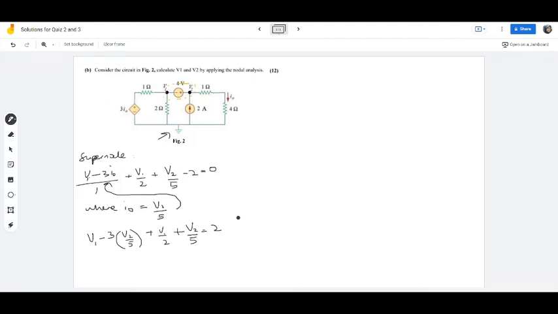So now what do I do next? I want to kill off the denominator, so I'm going to multiply everything with a 5. That gives me 5V1 minus 3V2 plus 2.5V1, and then plus V2 equals 0. Can I squeeze down here? I think I can. That gives me 7.5V1 minus 2V2.